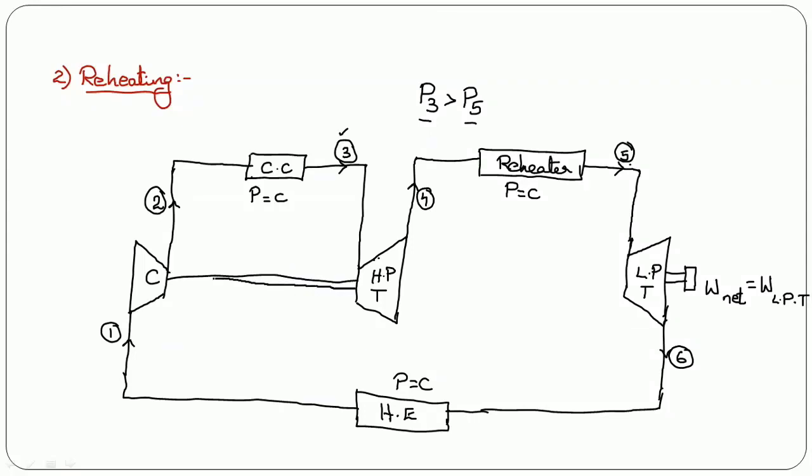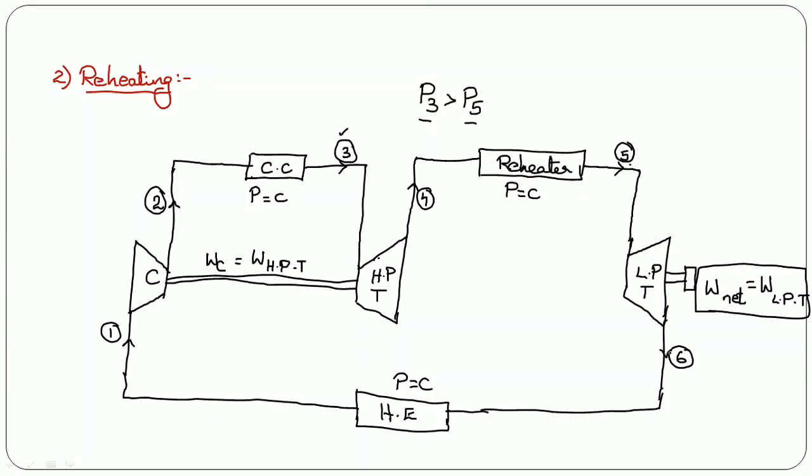So whatever is the work input that is required for the compressor, that will be totally supplied from the high pressure turbine, and whatever is the output that is coming from the low pressure turbine, that will be completely available for further utilization. That's why the net power output is the power that is developed by the low pressure turbine here.